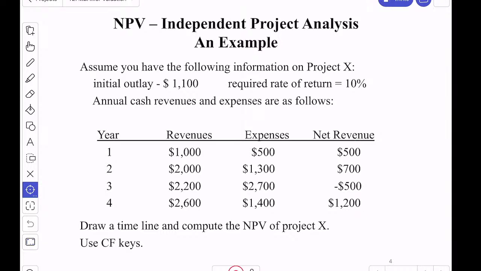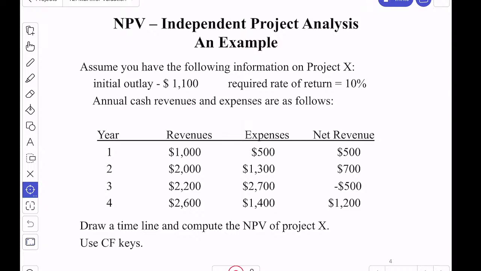This is the estimated initial outlay, $1,100, and this is the required rate of return. So this means that if we didn't pursue this project, we have an alternative project where we can get 10%, whether that's some other operations of our company, or let's say we're aware of a company that is very prosperous, doing very well, and you can get 10% return, so you'd rather invest your capital over there than put it into this project.